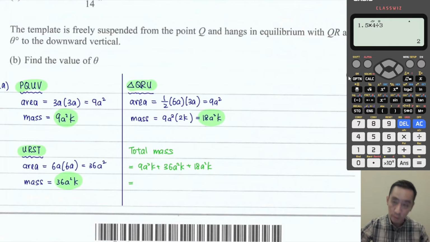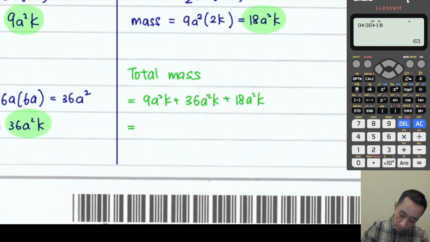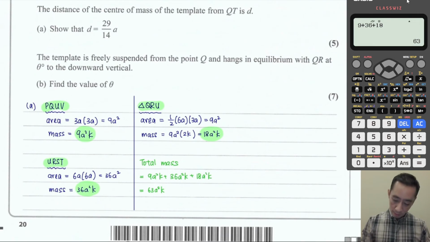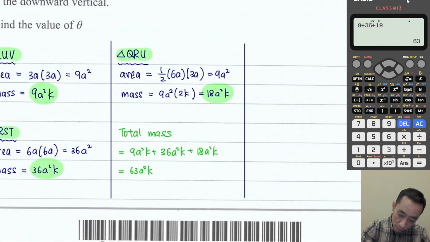So this is 9 plus 36 plus 18, and here we have 63a squared k. Okay, so now let's proceed to the next part. I want to find the center of mass of the whole diagram, of the whole figure. So which means 63a squared k.